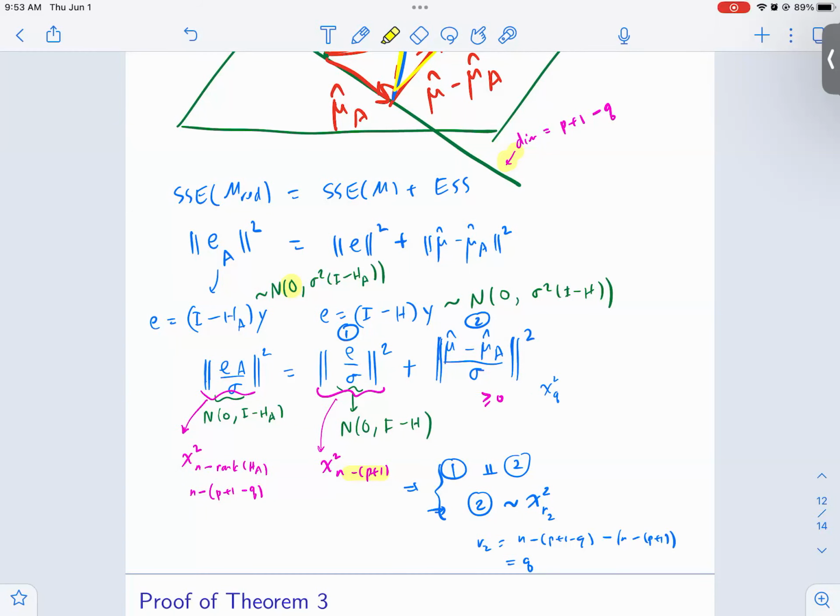So sigma squared times this is independent of sigma squared times that, and that would give you norm e squared is independent of norm mu hat minus mu hat A squared. Moreover, this quantity has a chi-squared distribution with degrees of freedom being the difference between the degrees of freedom of these other two chi-squared distributions, and we did the calculation. If you take the difference, the degrees of freedom of the left-hand side minus the degrees of freedom of the right-hand side quantity gives you Q. So everything simplified.